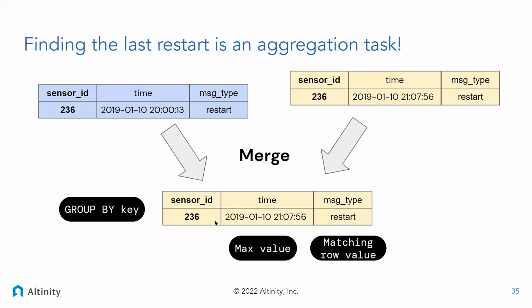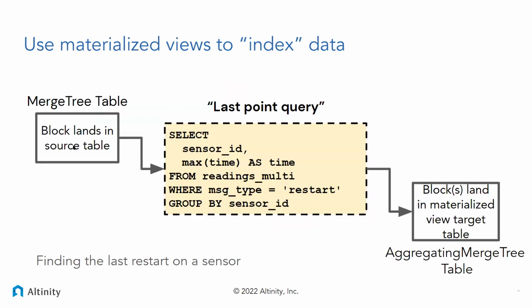And now we're going to look for the maximum value that we see in an event that is of type restart. And we can capture as many matching values as we want. In this case, we're just going to pull in the message type.